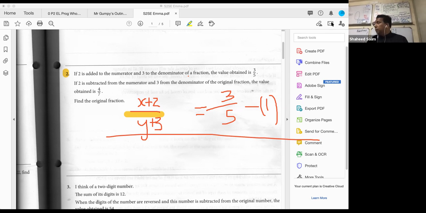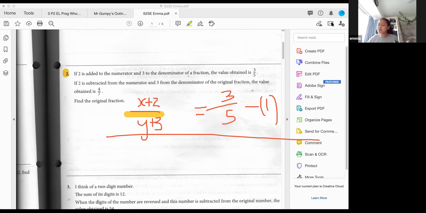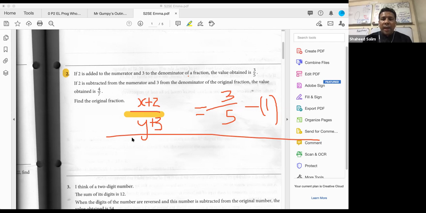X minus 2 over y minus 3 equals 4 over 7.